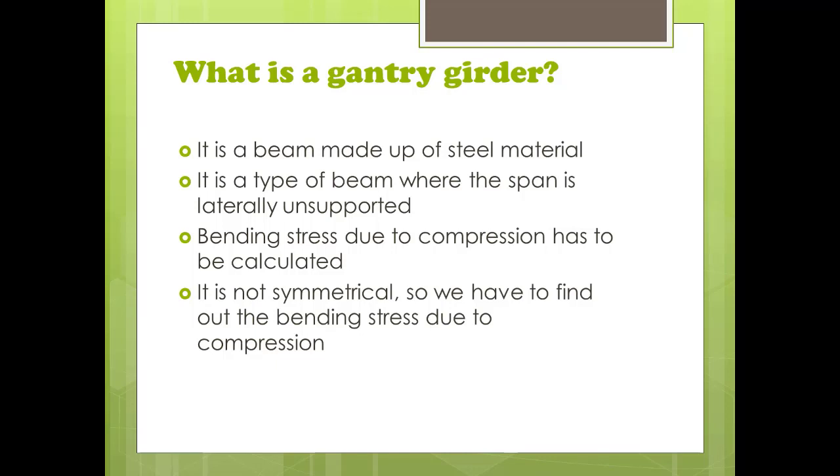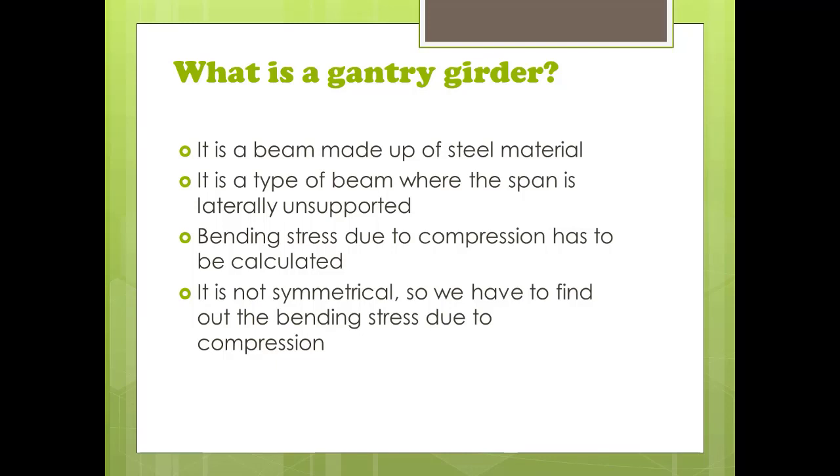The reverse is the case for laterally unsupported beams. When such lateral supports are not provided to the compression flanges, there will be chances of buckling. Then they are known as laterally unsupported beams. As it is laterally unsupported, the bending stress due to compression has to be calculated.